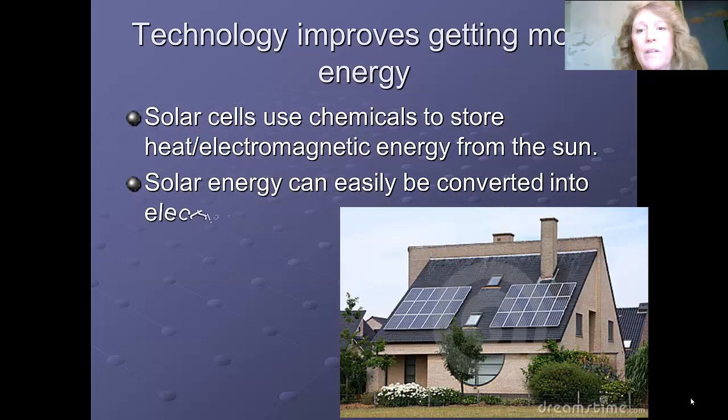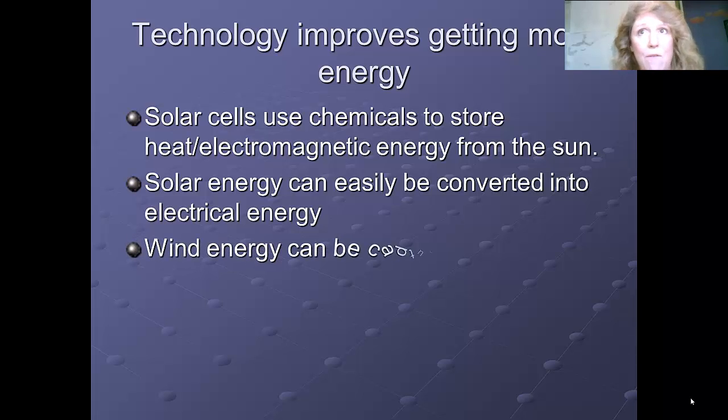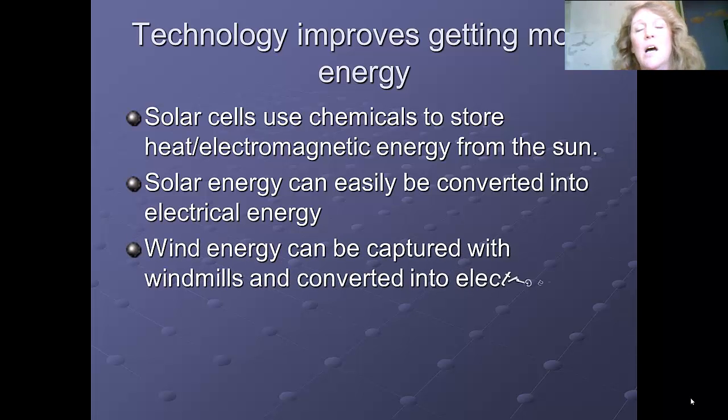And it can very easily become electrical energy, and it's been just recently, in the last, I think, 20 years, that it's become even affordable. This technology was out probably 50 years ago, but it was so expensive to make these solar cells. It's now a lot less expensive, and so a lot more people are starting to put it on their house, and that's where you get a lot of your electricity. You don't have to pay for it from anything else.